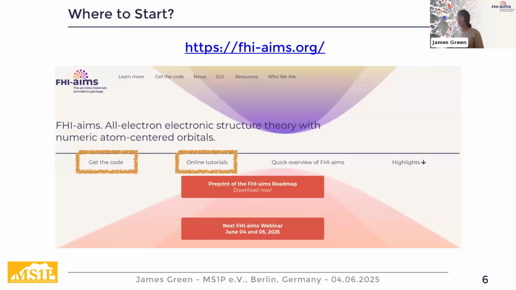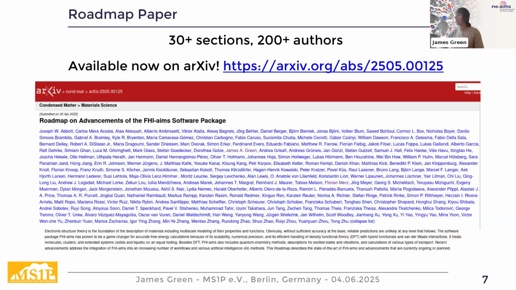As well, on the website, you'll see at the moment a link to a preprint of the FHI-aims roadmap. This is on arXiv and has more than 30 sections with over 200 authors, essentially describing the last 20 years of development of FHI-aims, plus where it will hopefully go in the future.